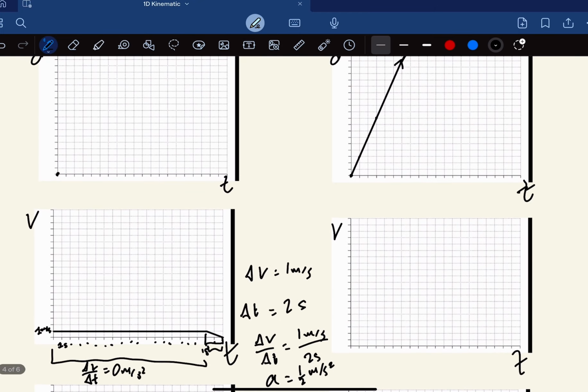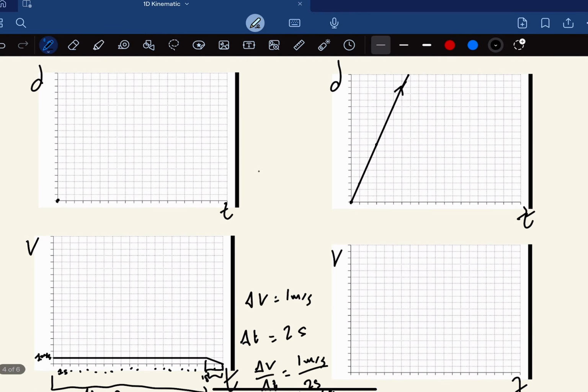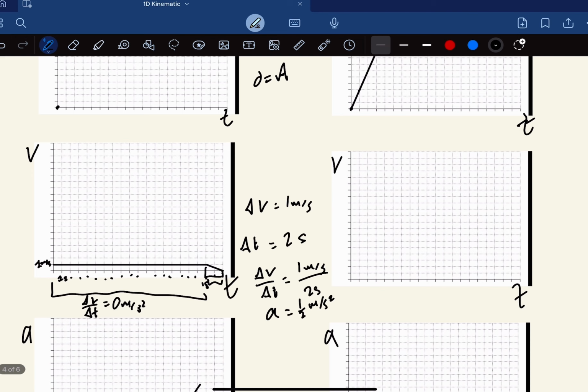And then since we know that distance is equal to this area, we can start doing the following question, where for the first 18 seconds we have a box with a base of 18 seconds and a height of 1 meter per second.